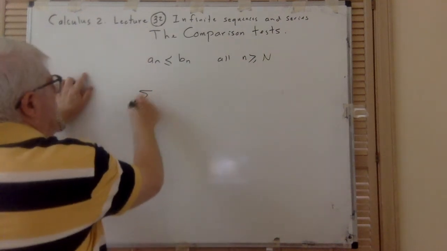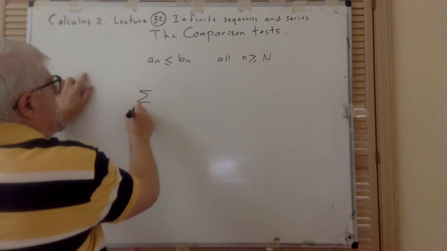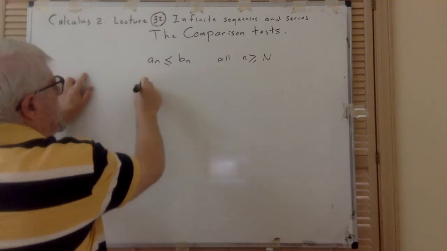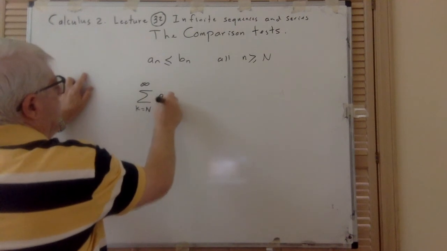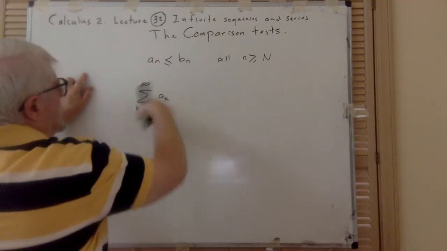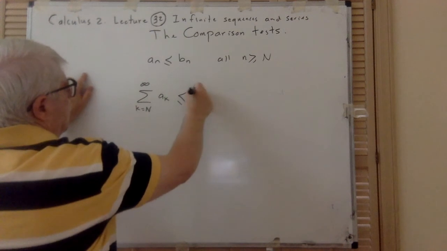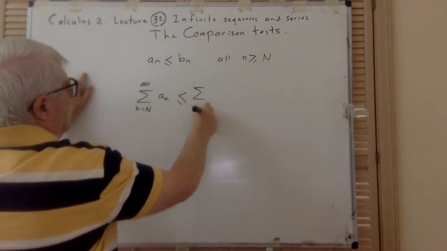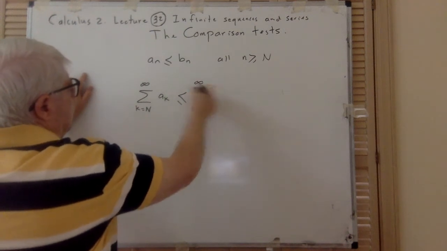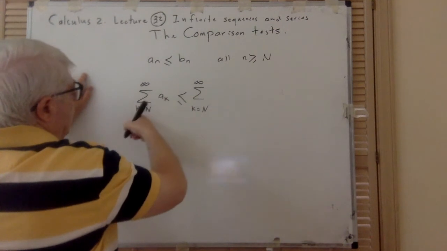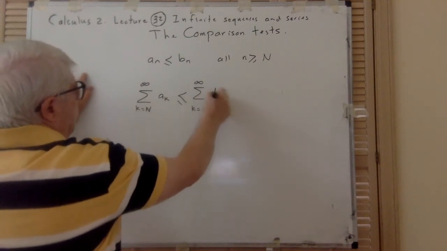So I have this sigma, k from N to infinity, a_k. Then what happens to this? Just look. If I start at any N, really I will get the same thing.